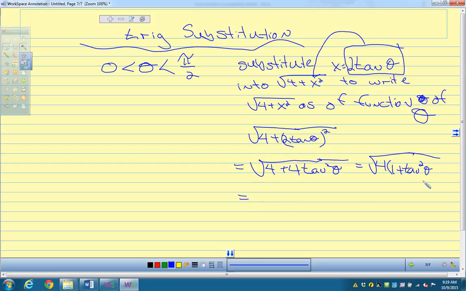What's 1 plus tangent squared theta equal to? Secant squared theta. So 4 times secant squared theta, and the reason I did that is because now I can take the square root of this. What's the square root of 4? What's the square root of secant squared? Secant theta.